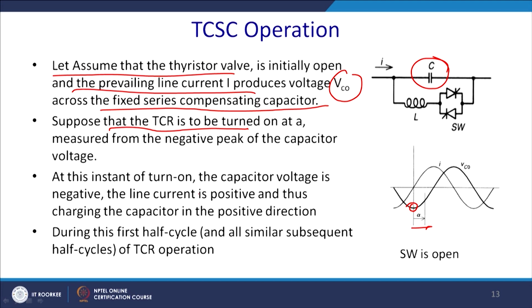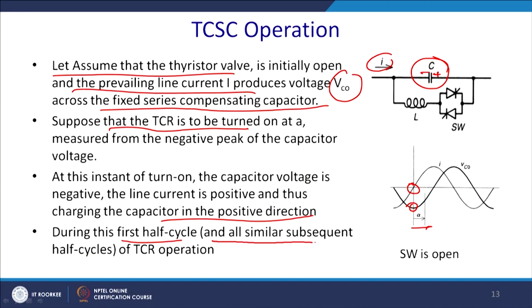At this instant of turn on, the capacitor voltage is negative, and also you can see that the line current is going to be positive, and thus charging the capacitor in the opposite direction. So, it will charge the capacitor because of polarity, this current you can take as a positive polarity.